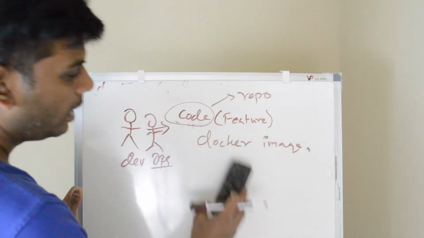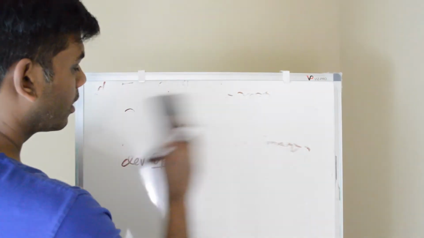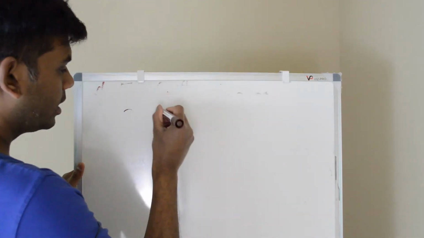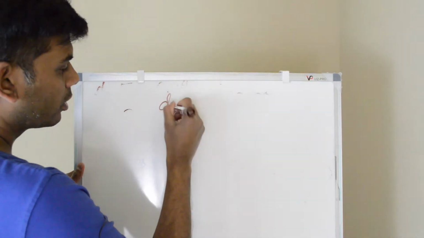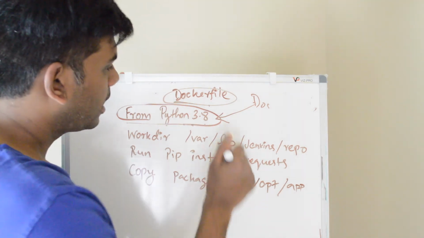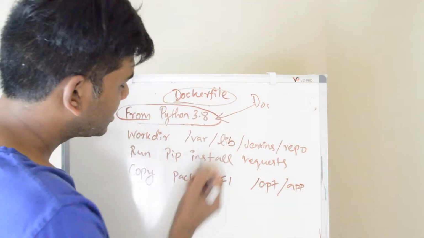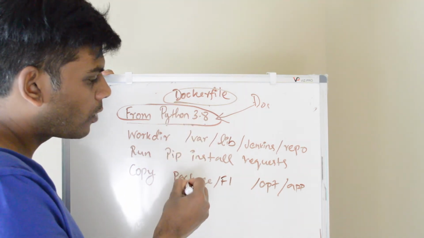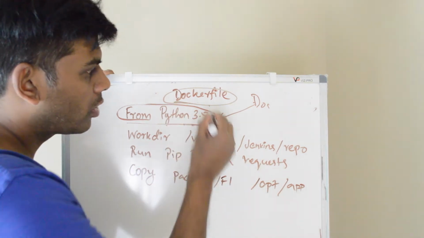To create a Docker image, the first thing he needs to do is create a file called Dockerfile. This is basically how the Dockerfile looks. The developer puts the instructions for creating an image in the Dockerfile.